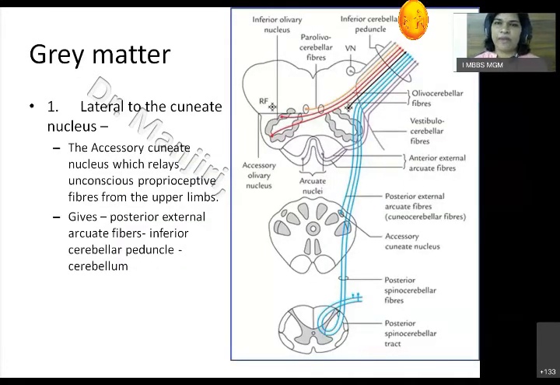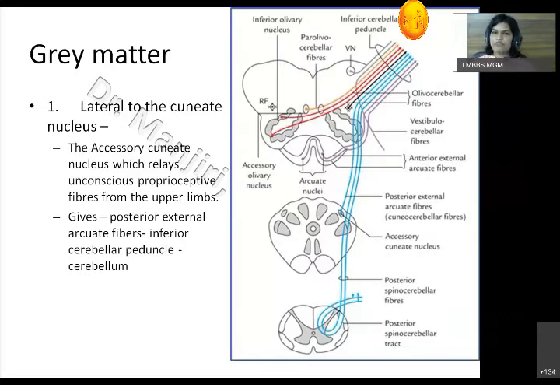Then gray matter. So that was the white matter. In the gray matter, we have the nucleus cuneatus and the nucleus gracilis, as well as, lateral to the cuneate nucleus, an accessory cuneate nucleus, as it contains the fibers coming just from the upper limb.